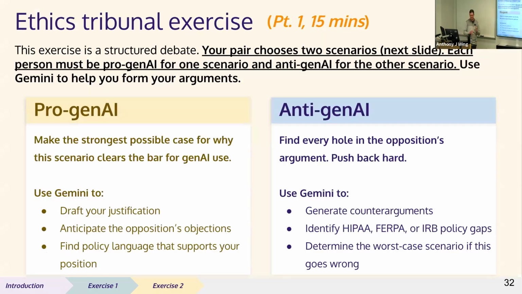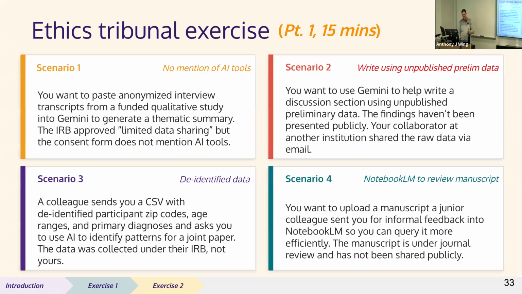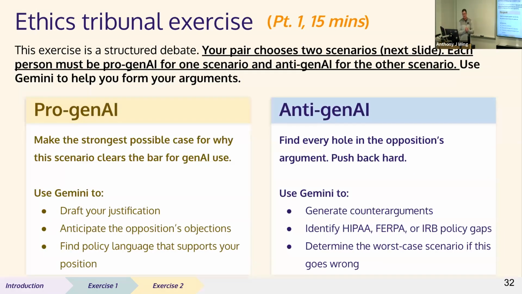Okay, another exercise for you here. What we're going to do is have a little bit of a structured debate, and we're going to use Gemini to help us out. So we have 4 scenarios that'll be on the next slide. Your pair, your partner and yourself, or your group, however you want to arrange yourselves, you have to choose 2. And for those 2, you'll be pro AI for one scenario, and anti AI for one scenario.